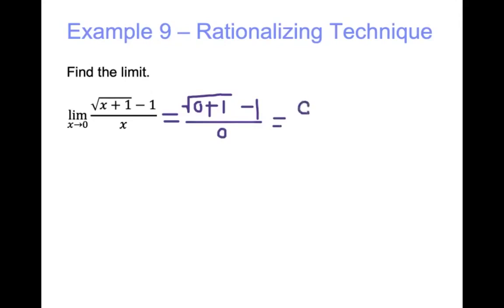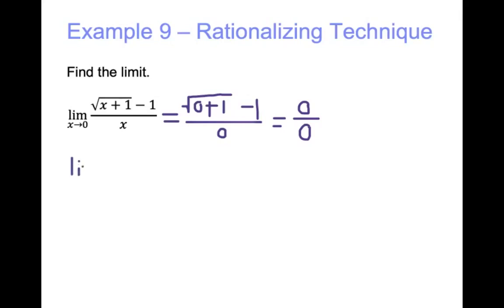We end up with 0 over 0, which is the indeterminate form. So we know that we need to use some type of algebraic approach to get 0 out of the denominator. So in this case, we're going to rationalize the numerator to do that.